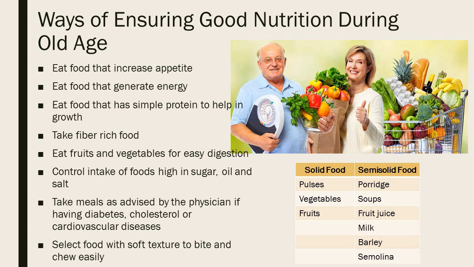If they are experiencing cholesterol problems, they should not be given lipid or oily food. Select food with soft texture, because it would make it easier for them to bite and chew.